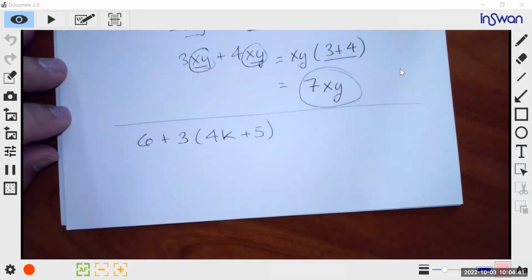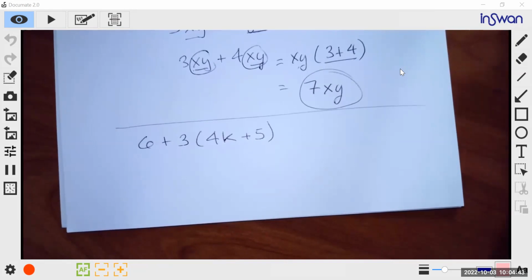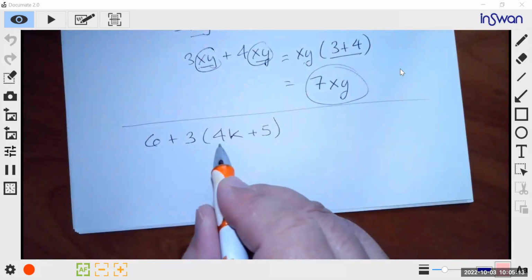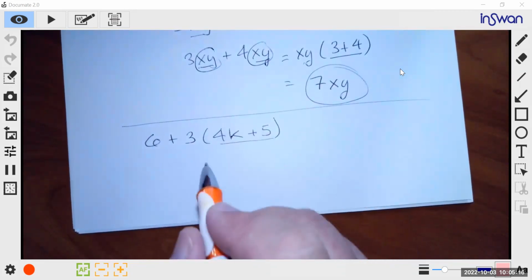How about this one? So what do you do first? Since you can't do inside the parentheses, order of operations, you have to get rid of the parentheses.